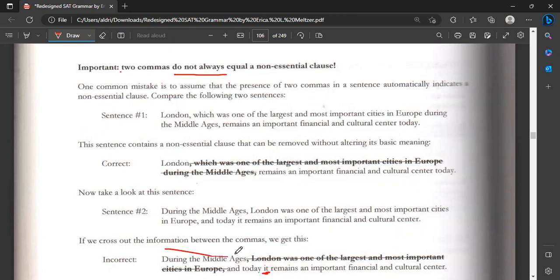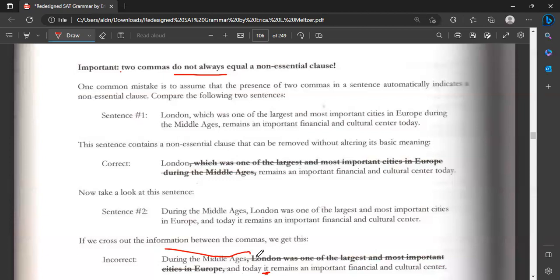Is it the Middle Ages? What do you guys think remains an important financial and cultural center? Is it the Middle Ages? The one way we can fix that whilst removing that is if we had London there instead of the Middle Ages, but that's not even possible. So that's not essential. Exactly.